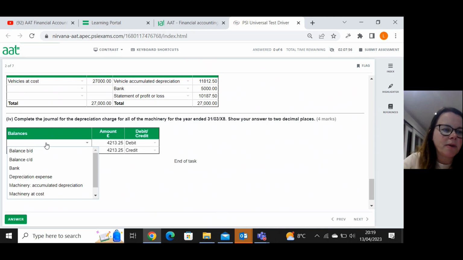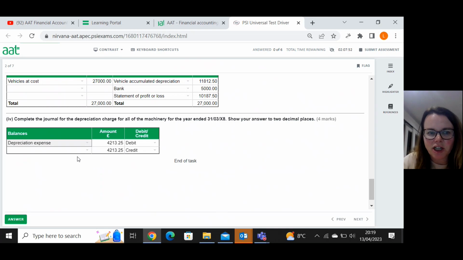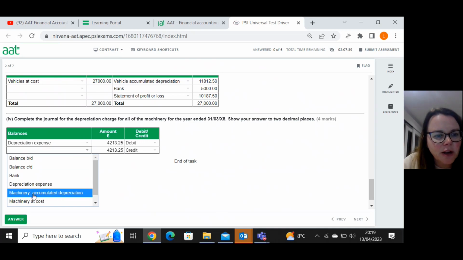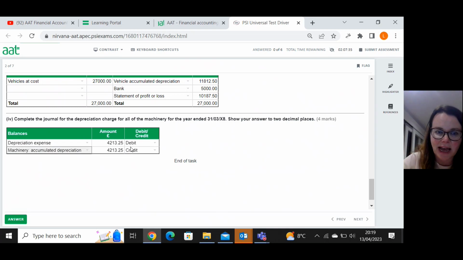So we know that whenever we have depreciation, we debit the depreciation expense because that's the cost of using the asset that is recognised in our statement of profit or loss. And this is machinery accumulated depreciation. So we're going to credit that. That has the effect of reducing the carrying amount of the asset that's shown in our statement of financial position.